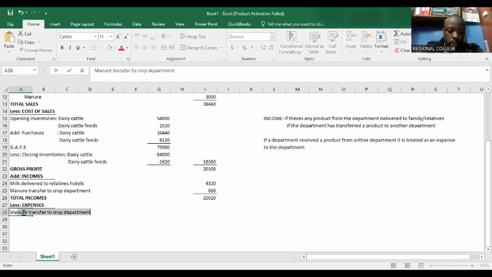So maize stock from crop department. They receive maize crop of 1,500. So that is an expense to the livestock department.